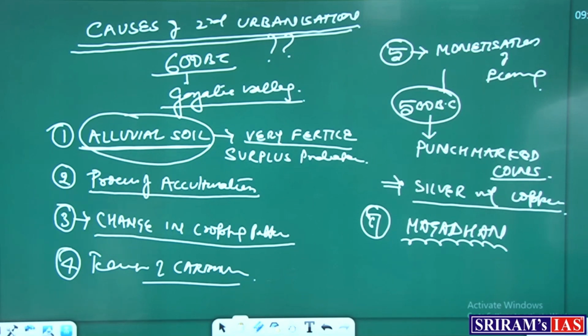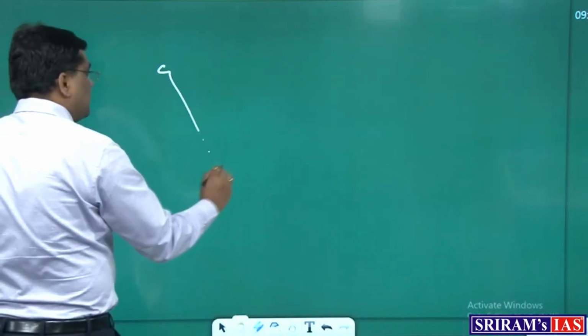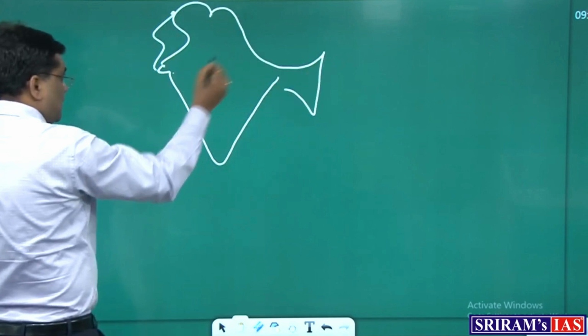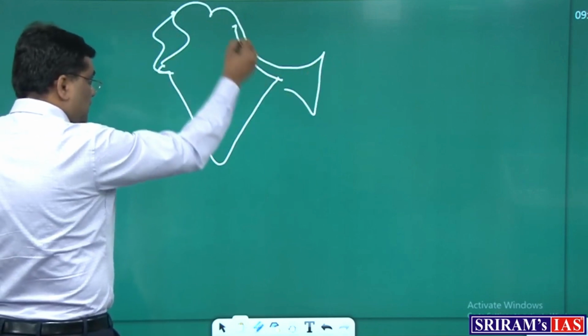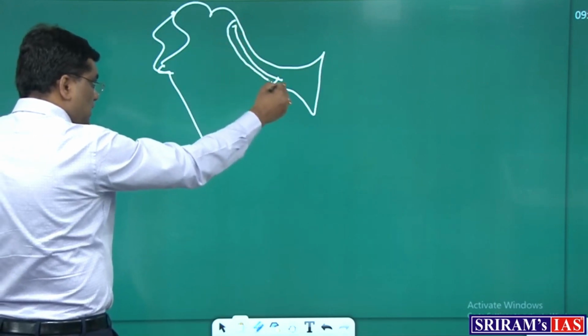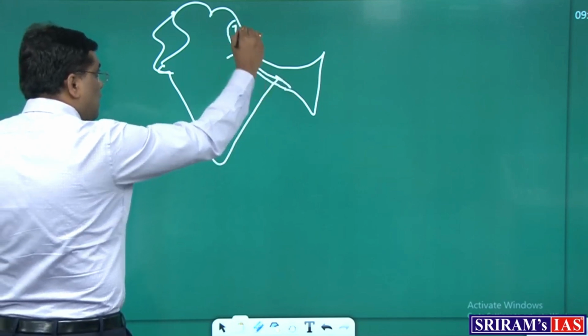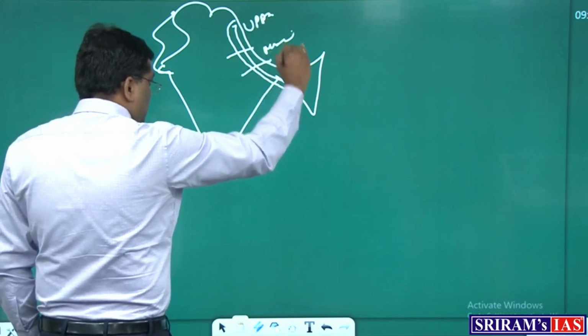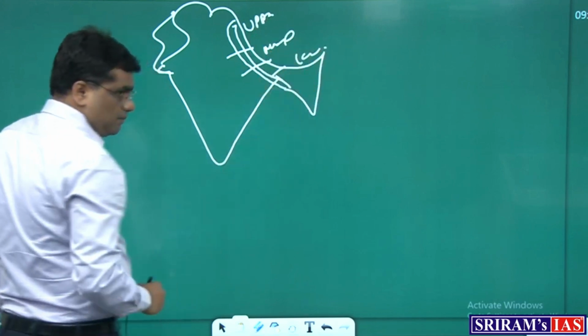I told you that compared to the Harappan cities, it was huge. Also, one thing you have to keep in mind is that Gangetic Valley starts from Haryana, Ganga Yamuna. So here, this is the area. This is called Upper Gangetic Valley, this is called Middle Gangetic Valley, and this is called Lower Gangetic Valley.